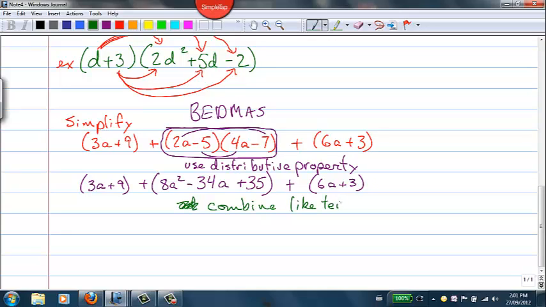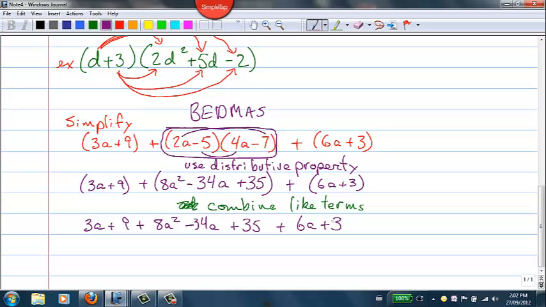Now we're going to combine like terms. 8a squared is the only squared term. So I'm going to write that one first. So I've got a positive 8a squared up at the front. So I've rewritten it here without any brackets.